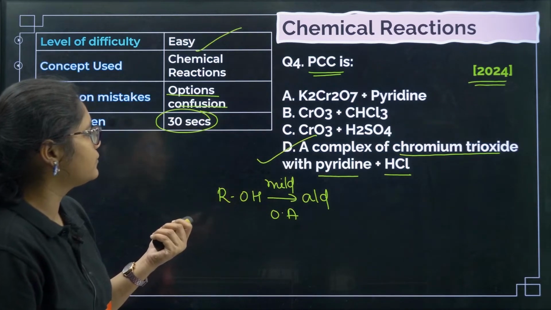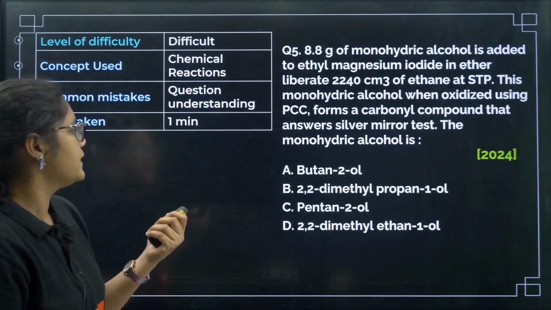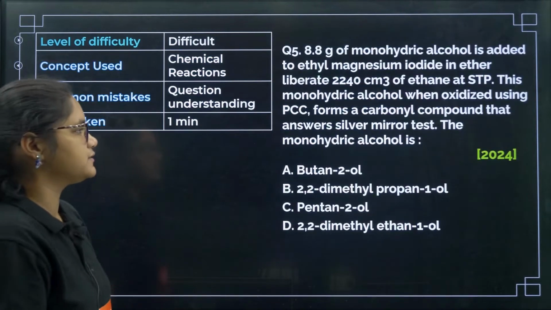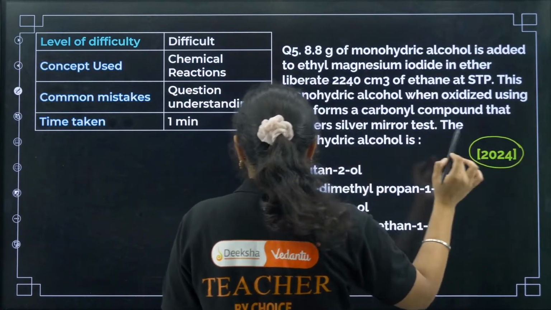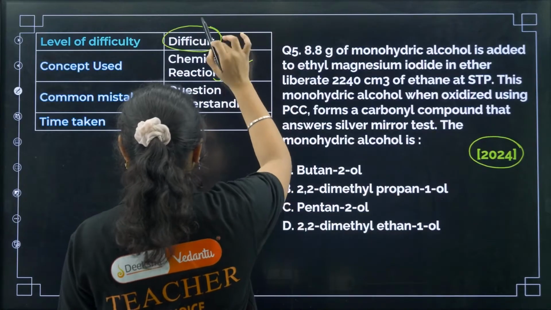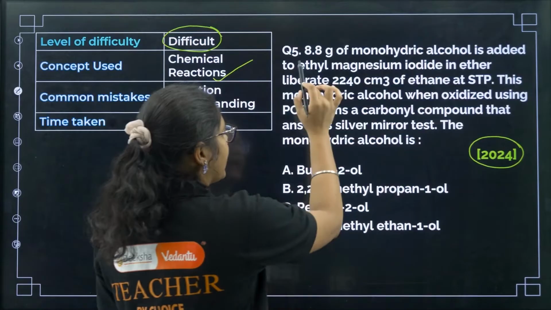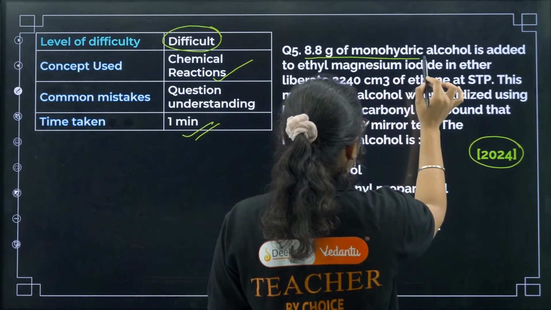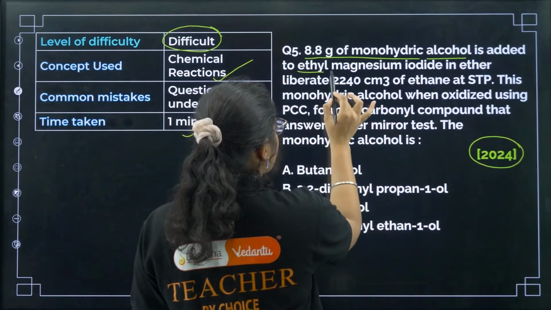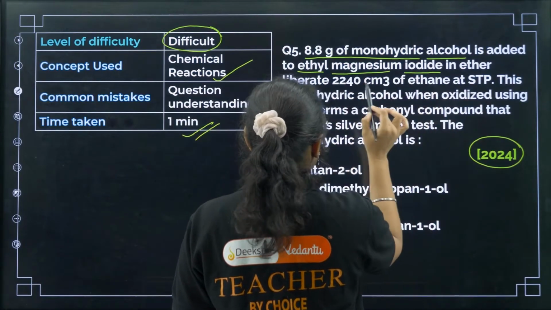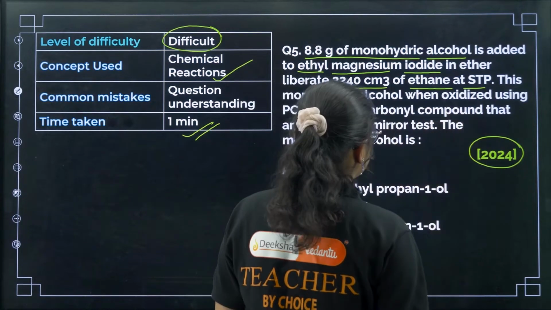Next, coming to question number 5, okay, this is also a very important question. This question was again asked in 2024, chemical reactions. I will mark this as a difficult question. You can take easily 1 to 2 minutes to solve this question. 8.8 gram of monohydric alcohol, okay, I am underlining the key words here, is added to ethyl magnesium bromide in ether and liberates 2240 cm³ of ethane at STP.